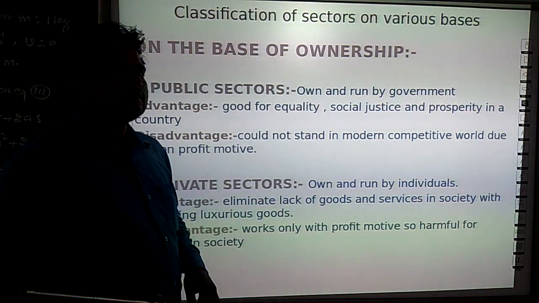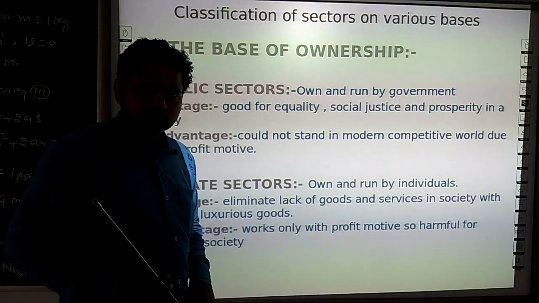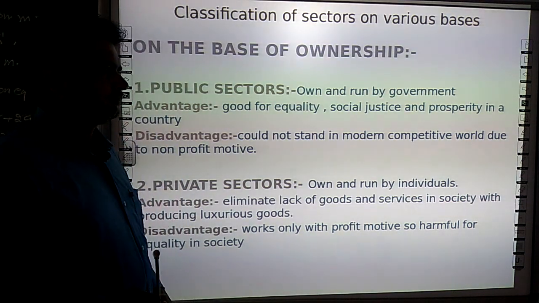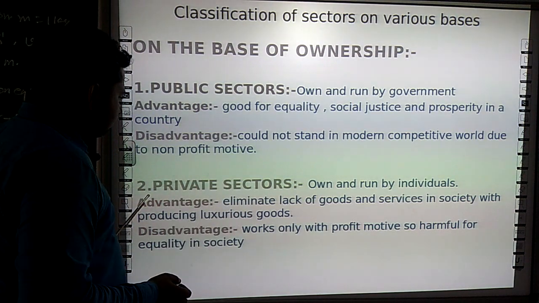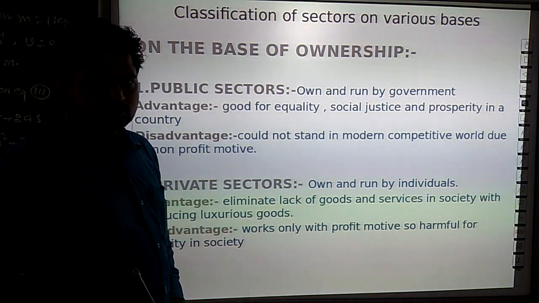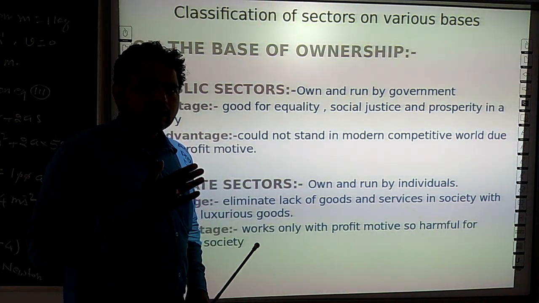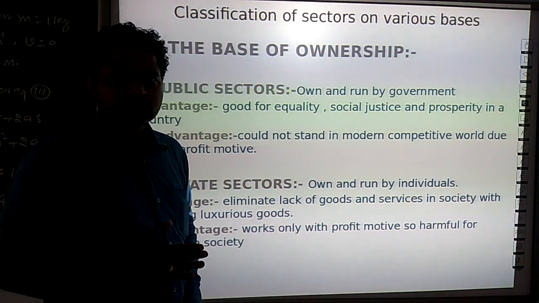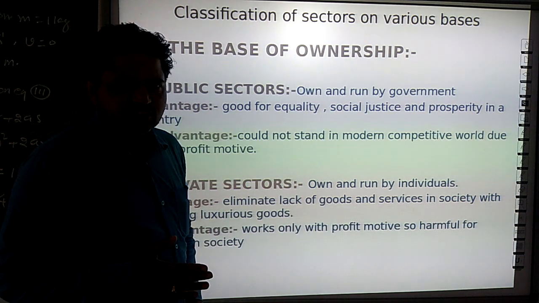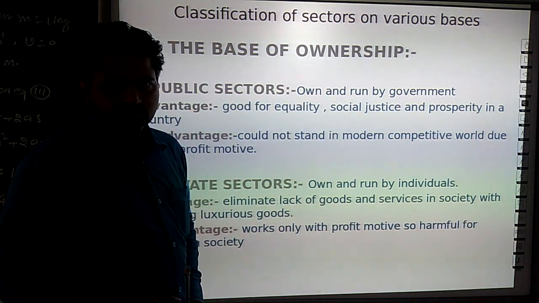As you find, after 1991, the Indian government gave preference to the private sector with the policy of LPG, that is liberalization, privatization and globalization.